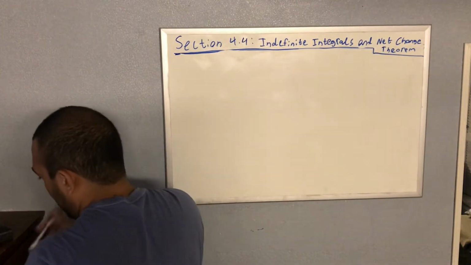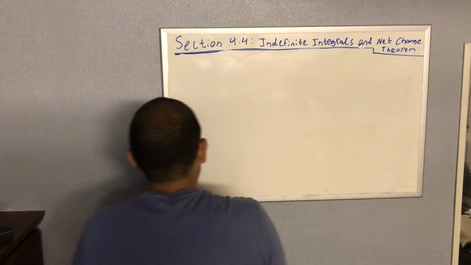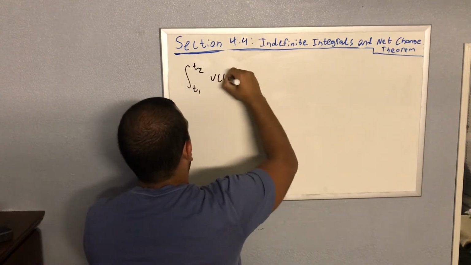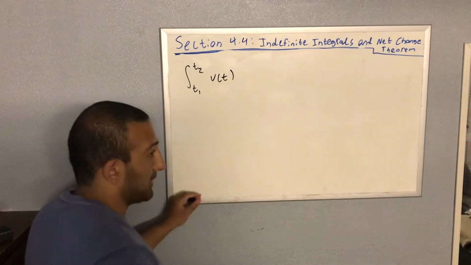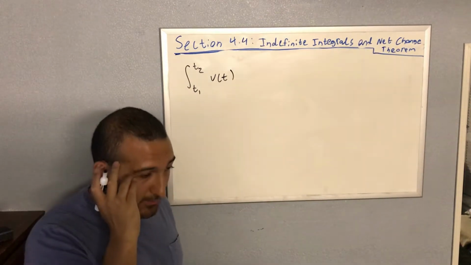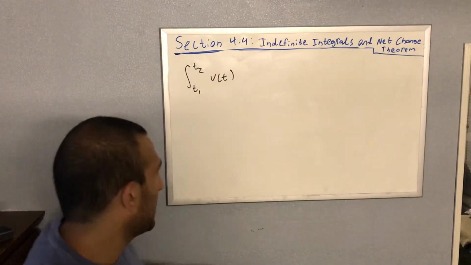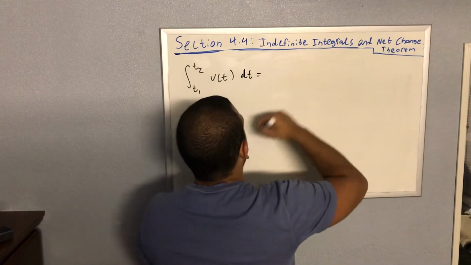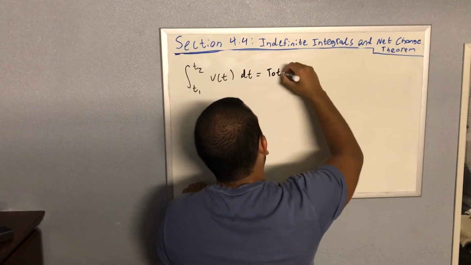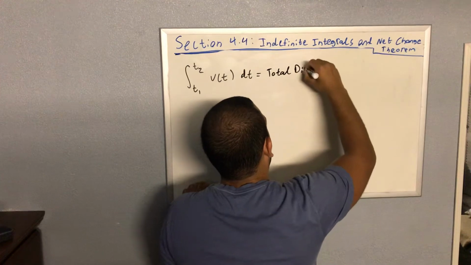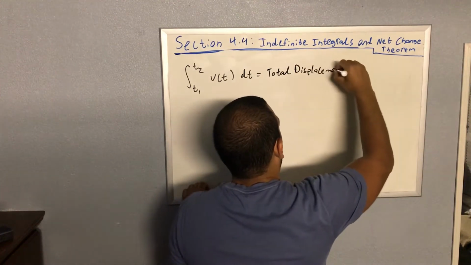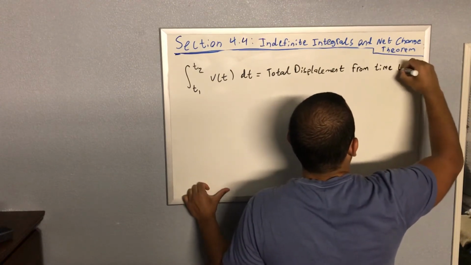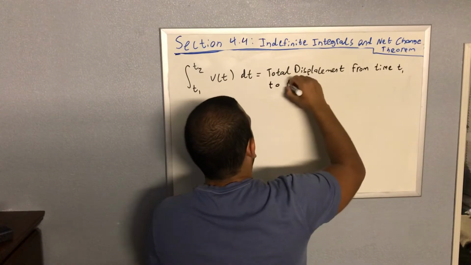We know that if v of t represents the velocity of some particle or some person or some object as a function of time, then the integral of v of t will give you the displacement from time t1 to t2.